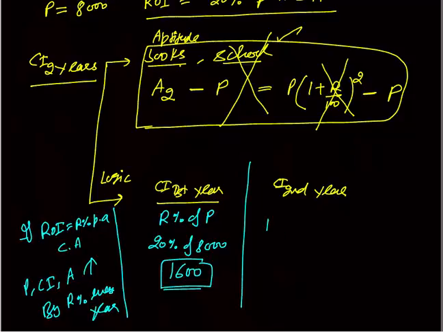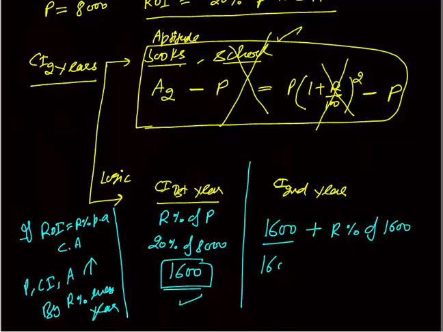Compound interest of the second year will be 1600 as it is, and this will increase by 20%, R percent. So 1600 plus R percent of 1600. Your compound interest of the first year will increase by R percent.